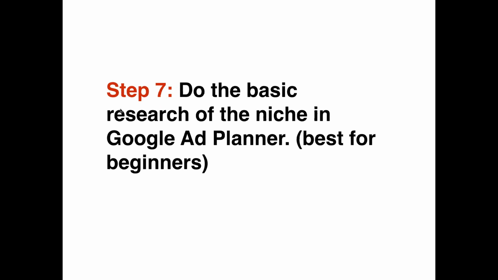Number 7, you want to do some basic research about the niche, and Google Ad Planner is still easy to use. You can find out about certain keyword phrases in your niche that will tell you if people are looking for that type of business in your area, and you can use that as an indicator on whether or not it is a good niche to be trying to target.